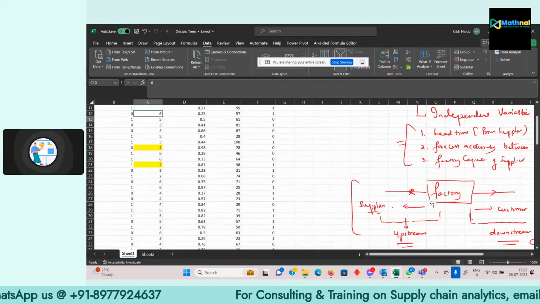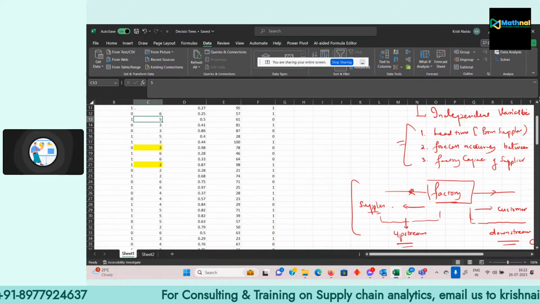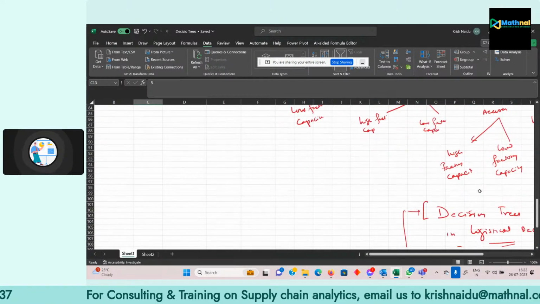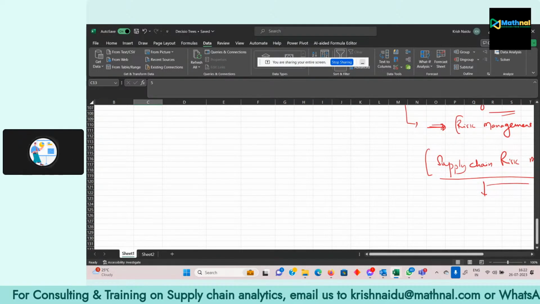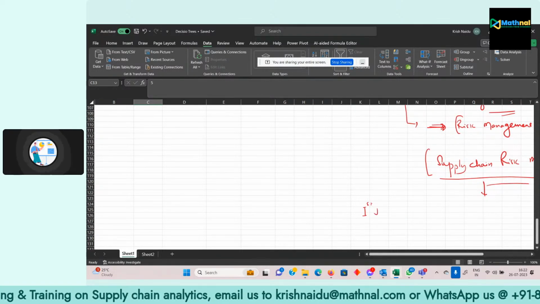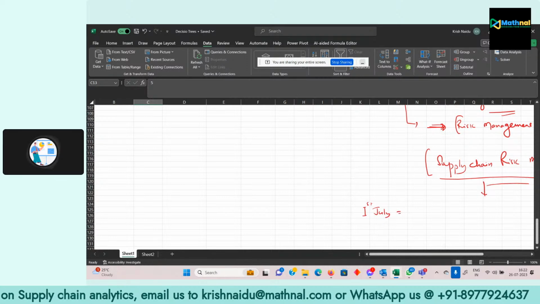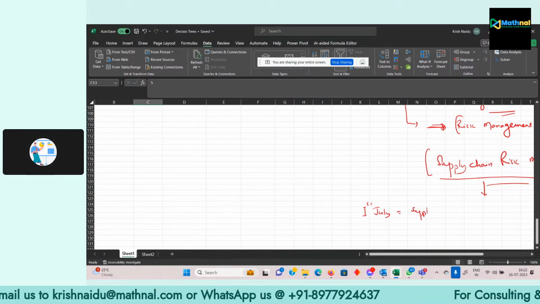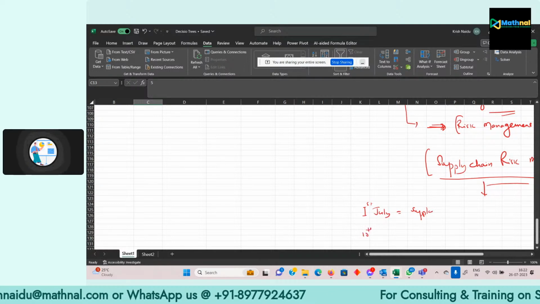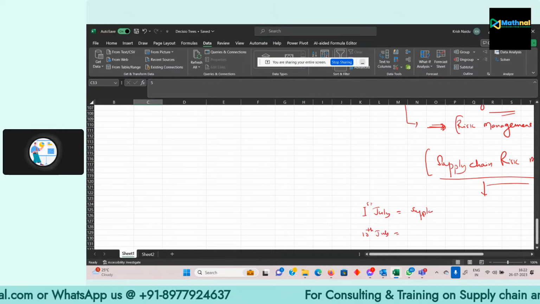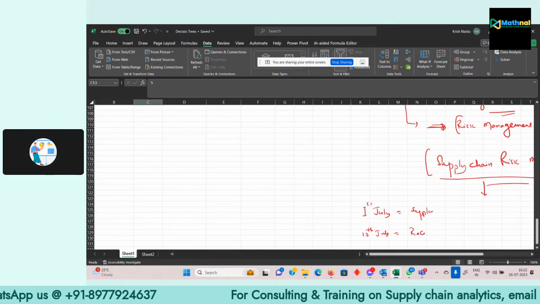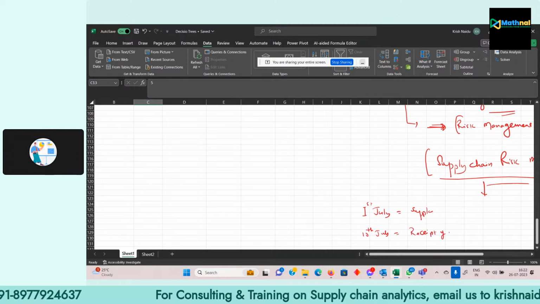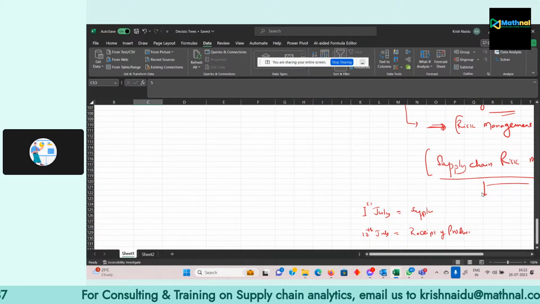Suppose on 1st of July I gave the order to the supplier, and on 10th of July I received the product. What is the gap?